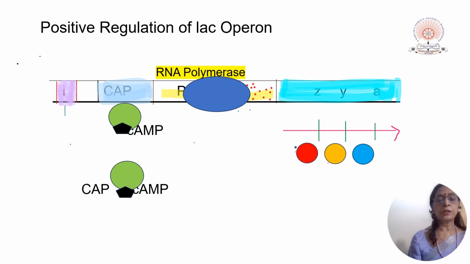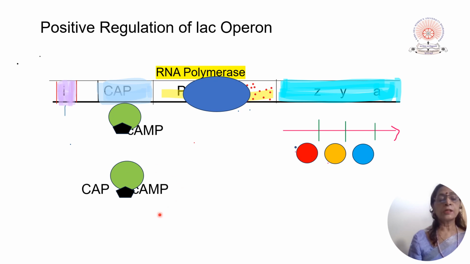Positive regulation of the lac operon is achieved by the catabolite activator protein cyclic AMP complex. Cyclic AMP concentration in the E. coli cell is low when the glucose level in the medium is high. When the glucose concentration in the medium goes down, cyclic AMP concentration inside the cell increases.